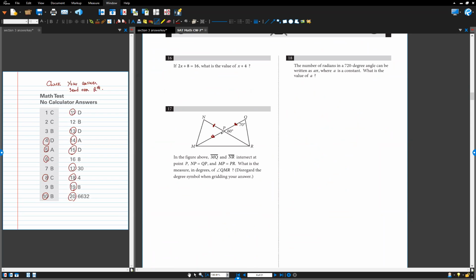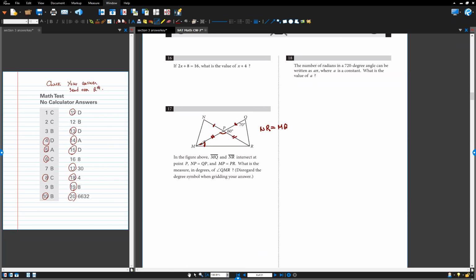These two sides are also equal. So what that means is MN, NR, and MQ are equal, right? What is the measure in degrees of angle QMR? Where is QMR? This angle, is it? Because this is isosceles.